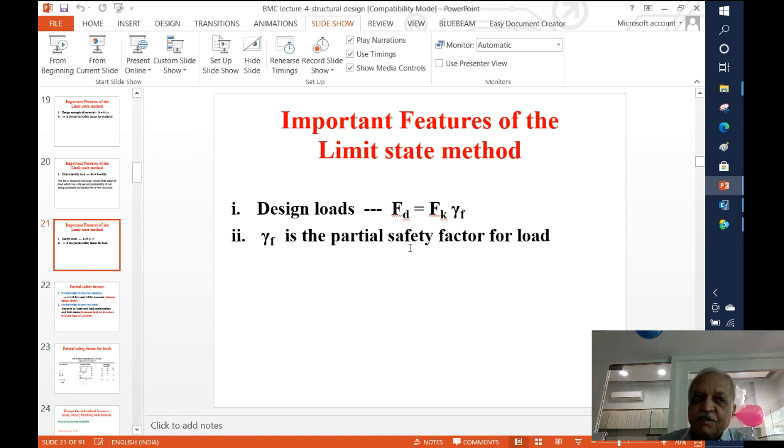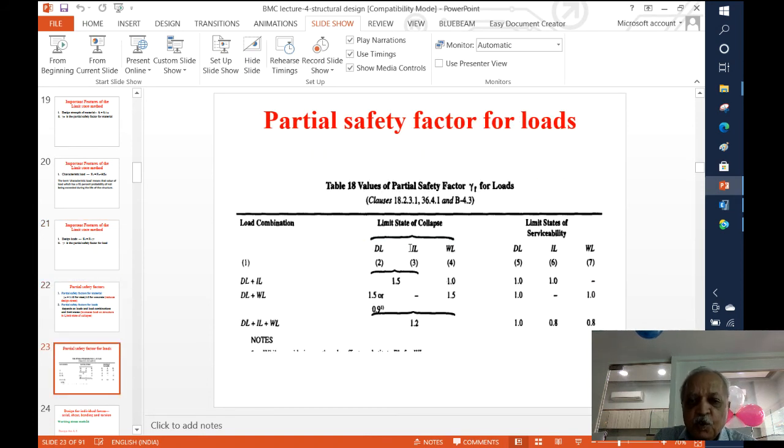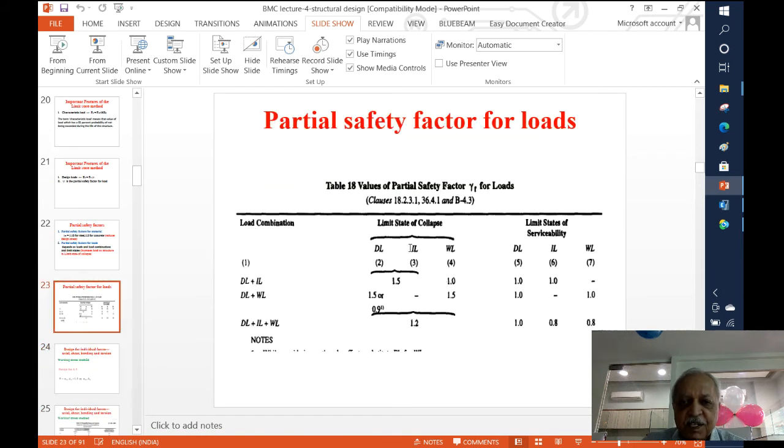We have got partial safety factor for material as well as partial safety factor for load. For material we divide it because we want to reduce the stress. For load we increase it by that factor. So we have got the partial safety factor for load indicated in this particular fashion, that this partial safety factor for load we say it is 1.5 for dead load and superimposed load and so on and so forth.